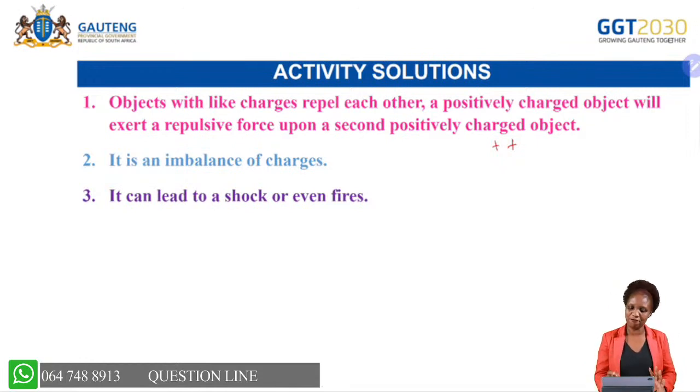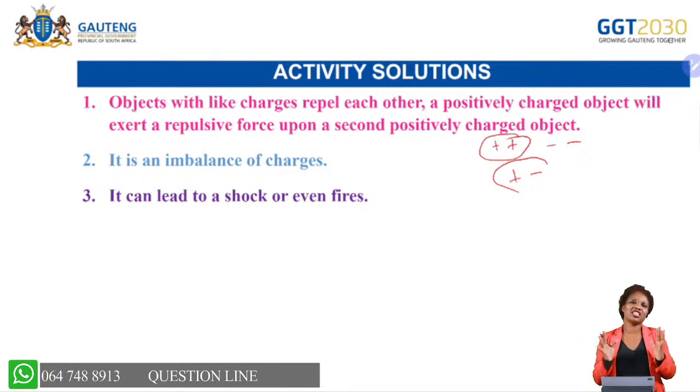And even if it is a negative and a negative, what's going to happen? These are like charges, they are going to push each other away, they are going to repel each other. We call this what? Repulsion. But if it is a positive and a negative, what's going to happen?